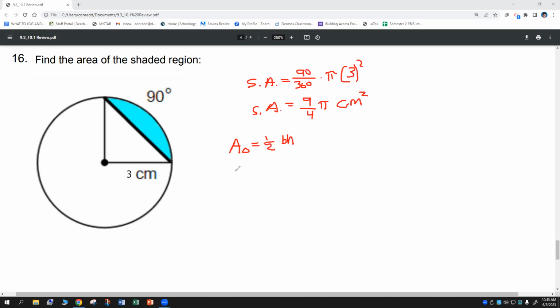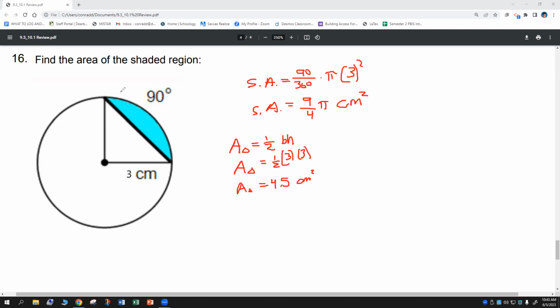Just because they're not drawn doesn't mean that the distance isn't 3. So 1/2 times 3 times 3, which is going to give us 9/2 or 4.5. So the area of the triangle is equal to 4.5 centimeters squared.